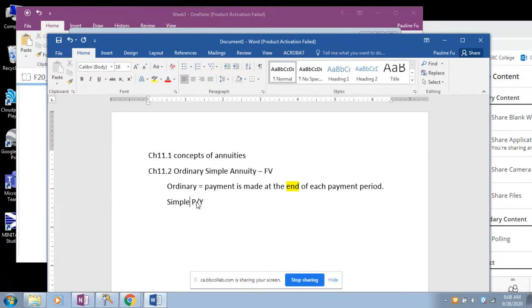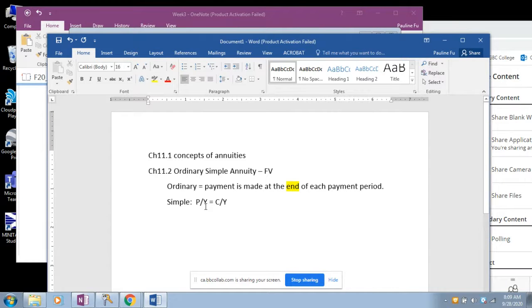What does the simple mean? Number of payment per year equal to number of interest compounding period per year. So for example, if you make payment every month and the interest is compounded monthly, that is a simple annuity.